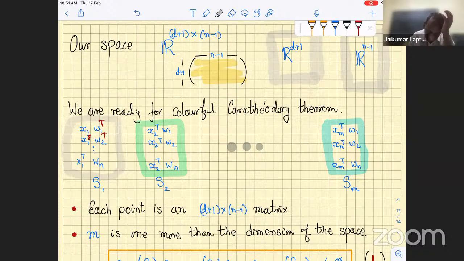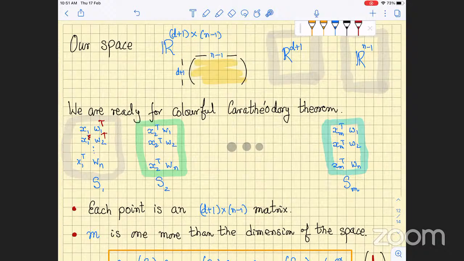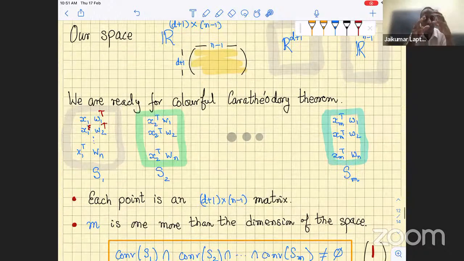So how many colors are there now? m, one more than the dimension of the space. That is what the colorful Carathéodory theorem asks: a collection of points with the number of colors one more than the dimension of the space.